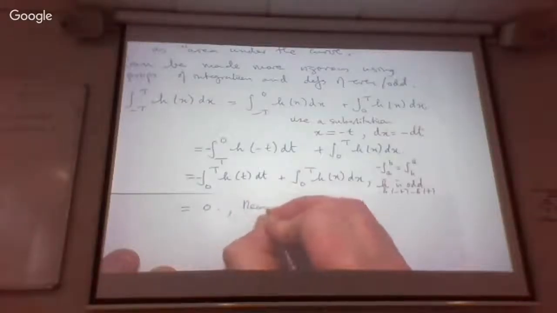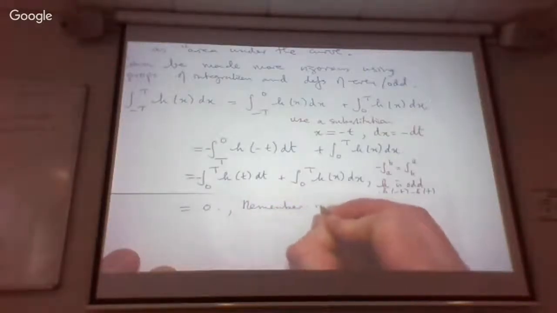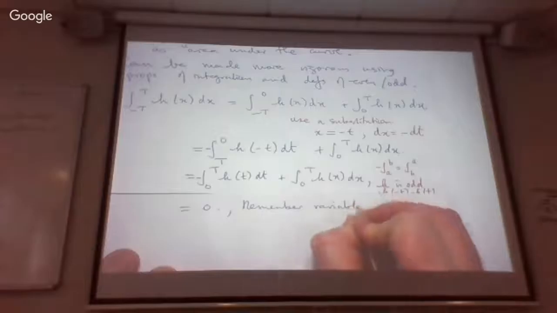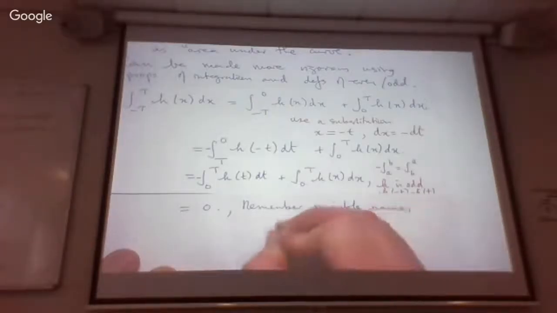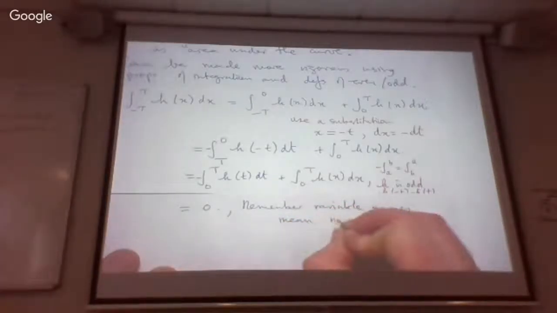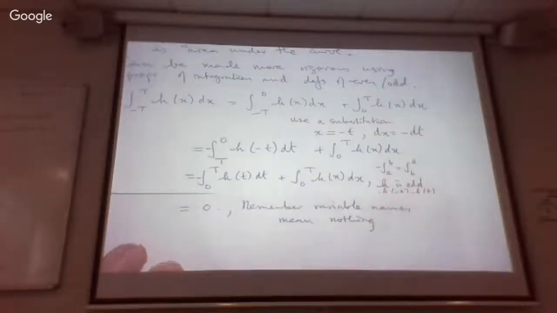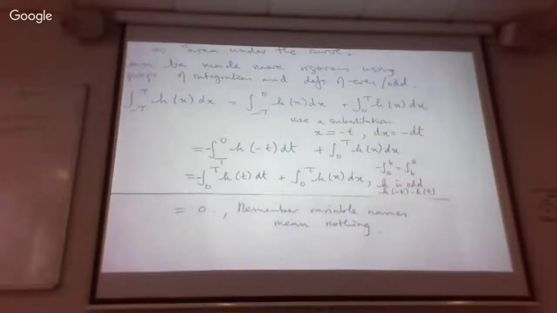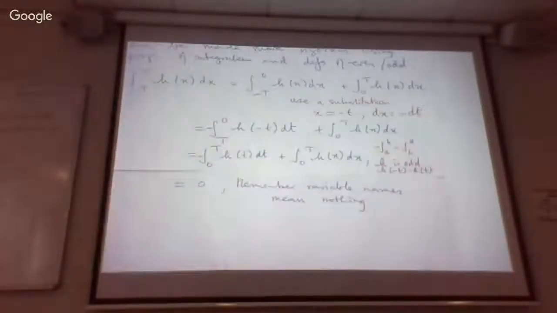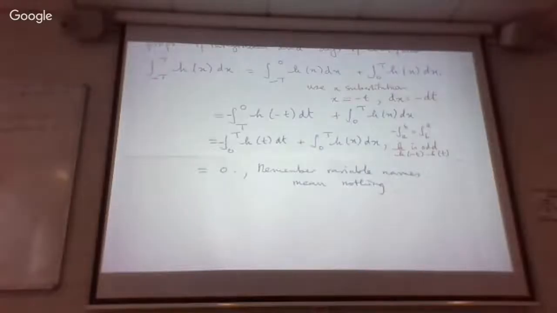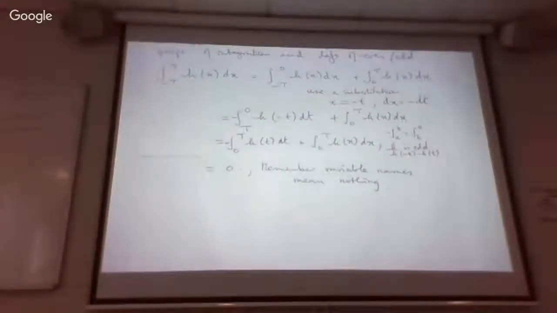So remember, variable names in themselves mean nothing. There are various traditions and conventions and normal practice which it makes sense to follow. Just like it makes sense for everybody to drive on the same side of the road according to the direction they're going. There's no God-given reason to do that.